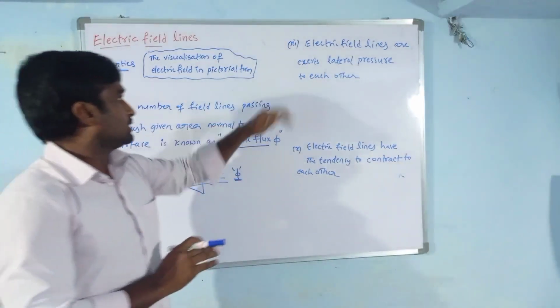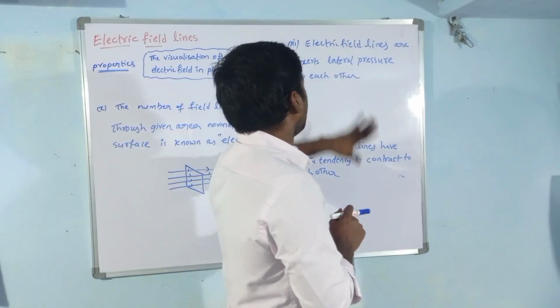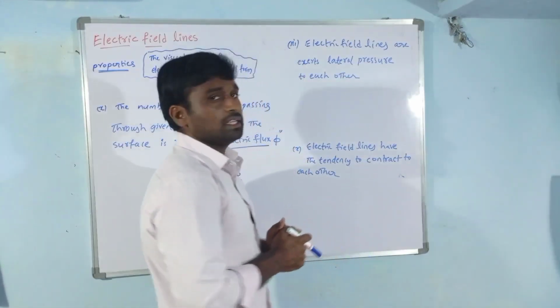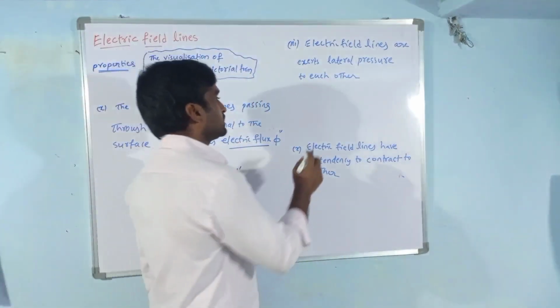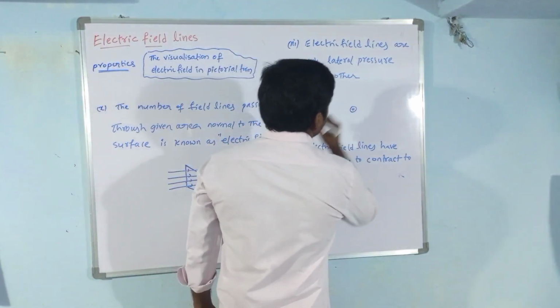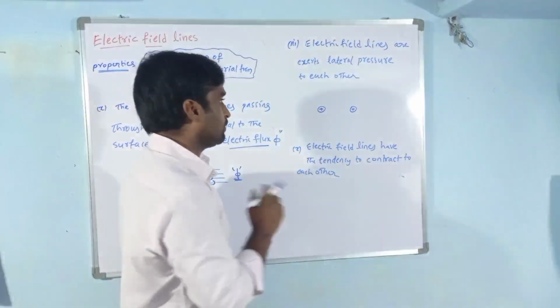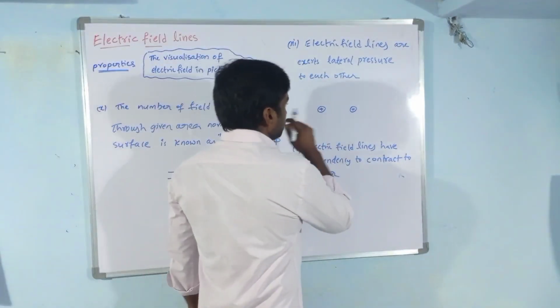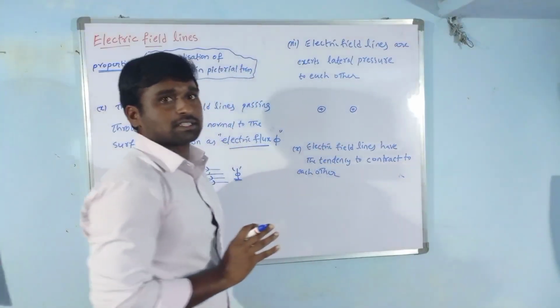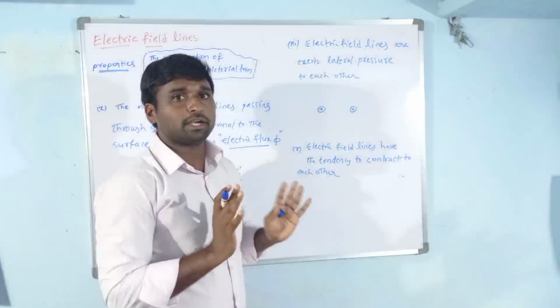Next, the 11th property: electric field lines exert lateral pressure on each other. When we bring two positive charges close to each other, what happens? When we take two similar charges, there will be a repulsive force. They will repel each other.